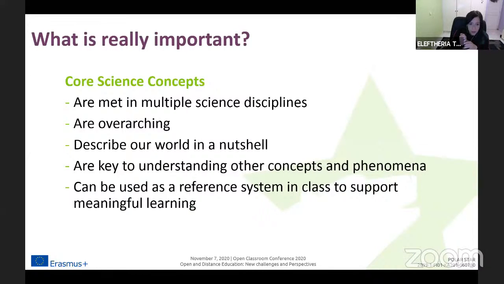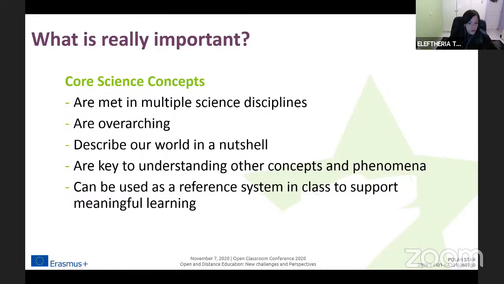They appear in multiple disciplines, so they are overarching. If you put all these core concepts together, they essentially describe our world in a nutshell. There are 5 or 8 or 10 things that really describe our world in a nutshell. And they are key. This is also why we call them core. They are key to understand any other secondary concept. They are key to understanding phenomena.